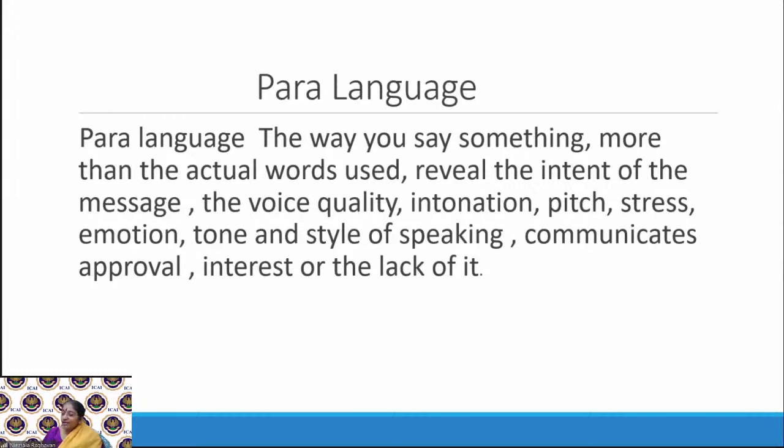You can say oh, oh, oh. So either it is sarcastic or approval or not approving. Okay, that is intonation. And these are not words, but they are just expressions. That is paralanguage. I'll give you 2 minutes to read this, and then you'll have an exercise on that.